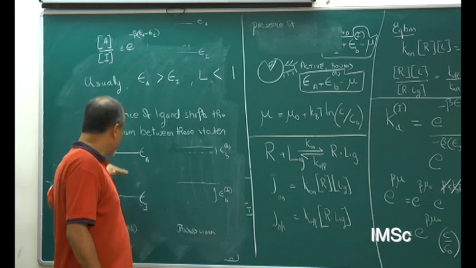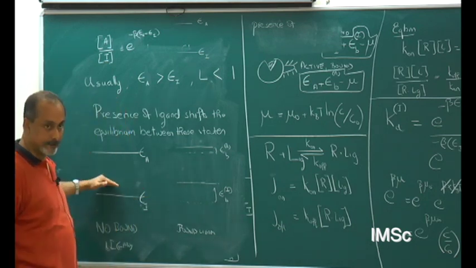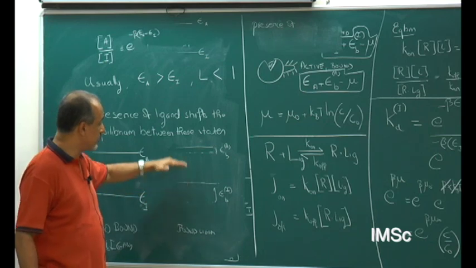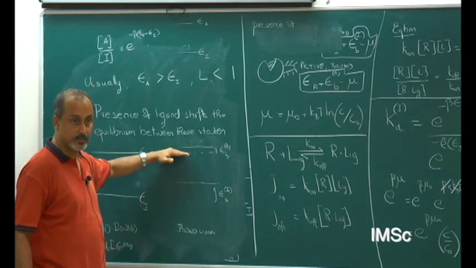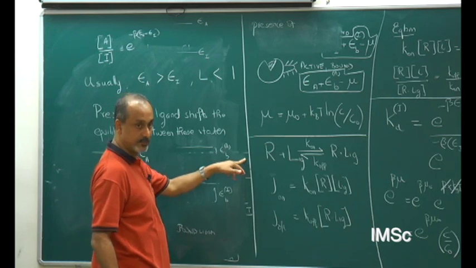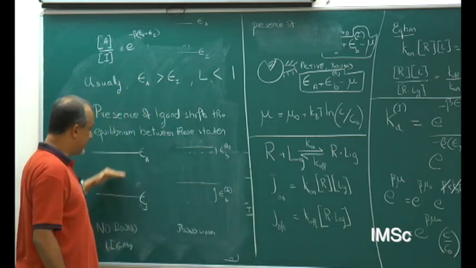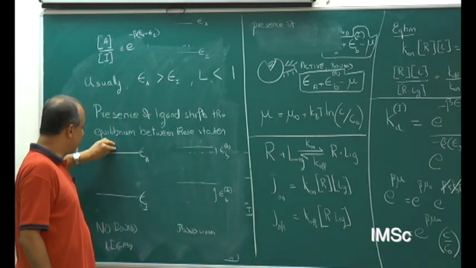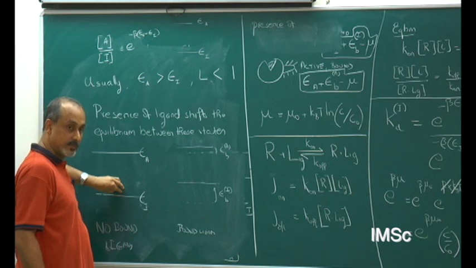For example, suppose these were now very far away and the binding of the ligand pushes them up to the same value. Once they're at the same level, then they have identical occupancies. If they're very well separated in energy, then there's relatively little here and most of it here.